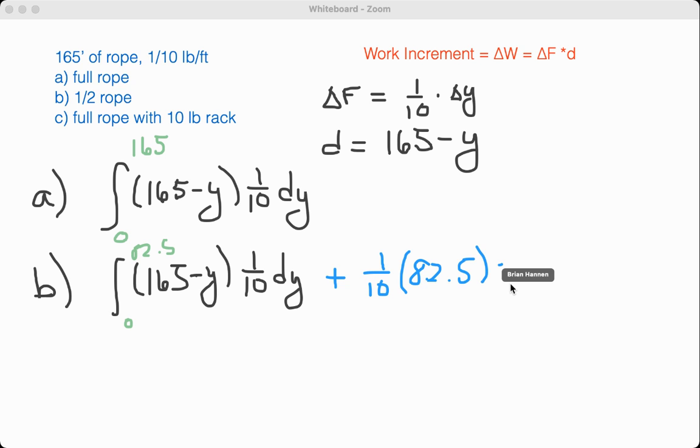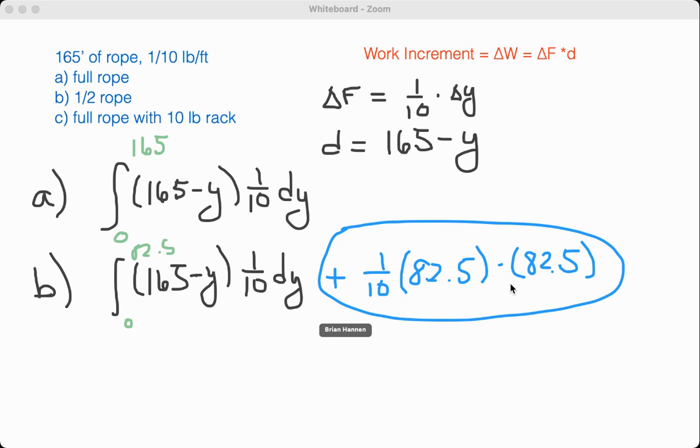And I believe the distance that it traveled, well, if I coiled up half the rope, that means the bottom half was pulled up 82 and a half feet and it's still dangling there. So we have the work of the bottom half of the rope in blue, and we have the work used to pull up the top half of the rope in black.